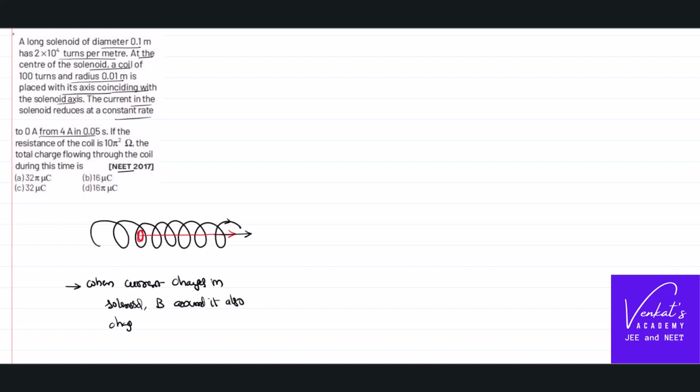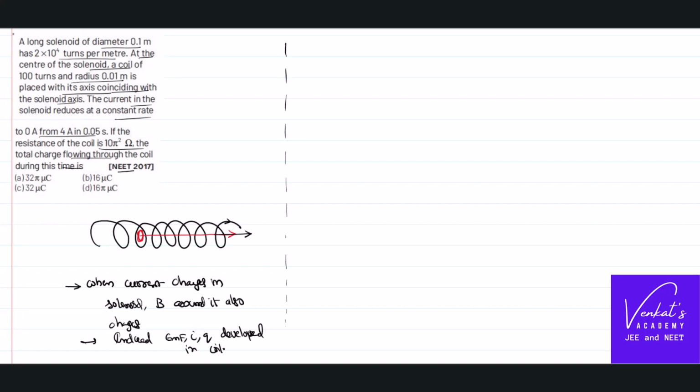As the magnetic field around it, that is where our coil is, changes, an induced EMF, current and charge are developed in the coil. And you are asked to find the induced charge developed in that coil, when some other data is given for us.